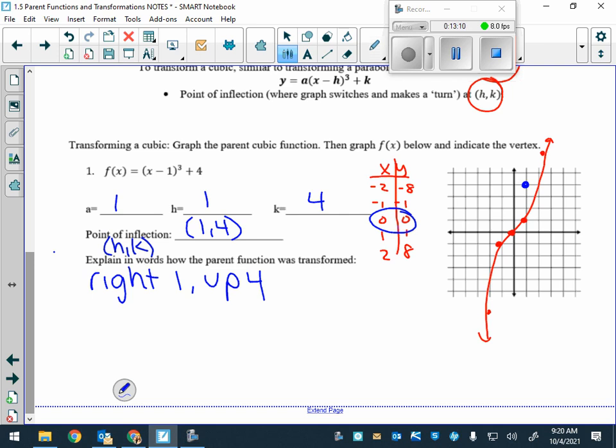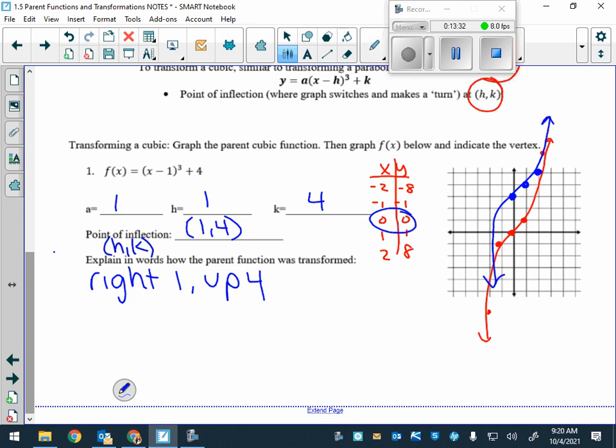X minus H, you're moving to the right. Plus K, you're going up. So all these points as well follow suit. And if you wanted to know new other values, say if I plugged in -1.